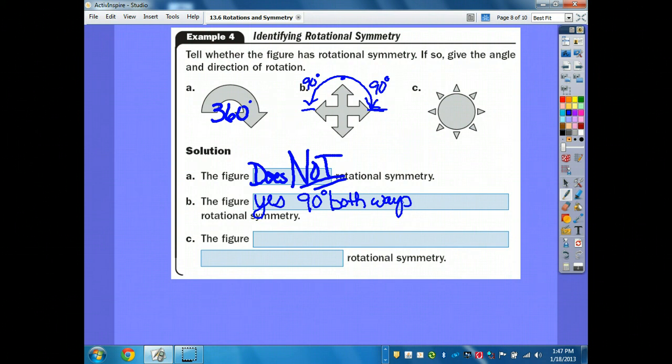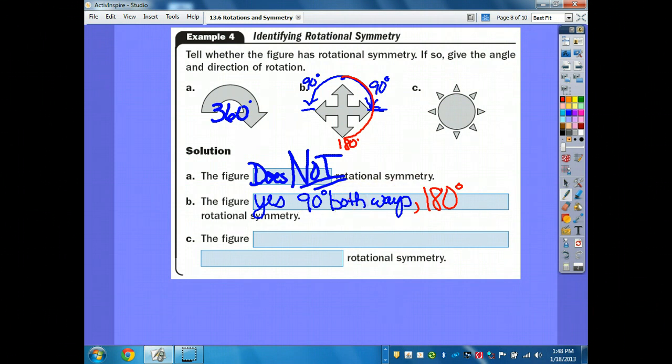And what else? 180. I can turn it halfway and go 180, can't I? Do I have to go 180 both ways? No, because when it's 180, you just pretty much know it either way. If you want to write both ways, you can. You don't have to. But on the 90 degree, you have to specify.